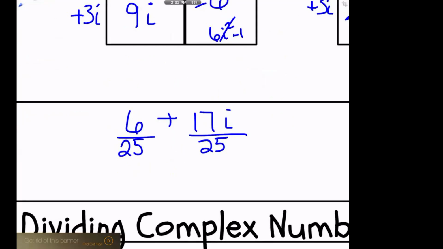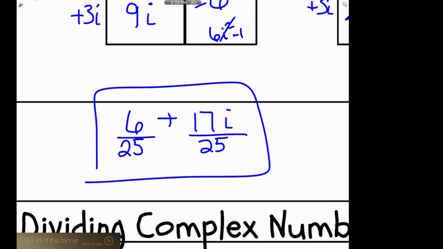Then I'm going to look at both of these fractions to see whether or not I can reduce them. So looking at 6/25, I can't reduce that one, so I'm going to leave it. And then I'm going to look at 17i/25. I also can't reduce it. So this actually is your final answer. And IB Tech requires that you write them as two separate fractions.